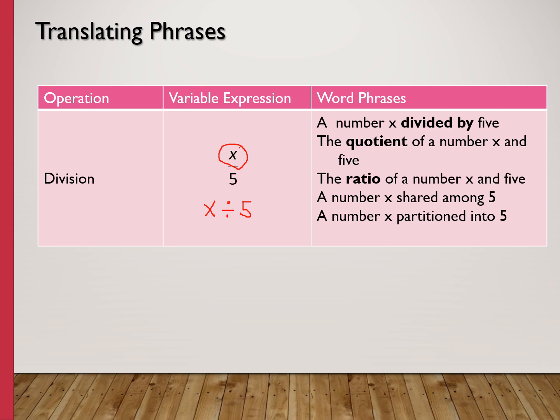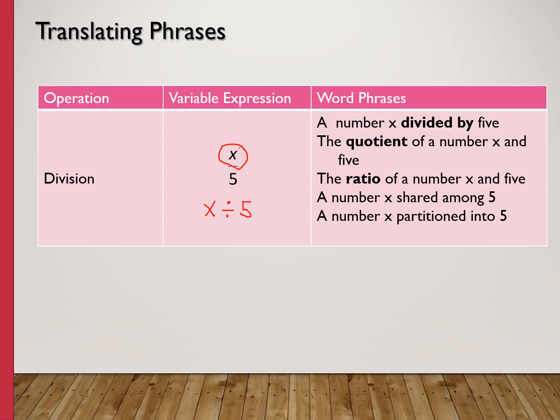So, the ratio of a number x and 5. Pwede rin pong ganito siya, a number x shared among 5. Yung number daw na x ay nag-shared sa 5 or hinati siya sa 5. And lastly, we have a number x partitioned into 5. So, the same lang. That is x over 5 or x divided by 5.